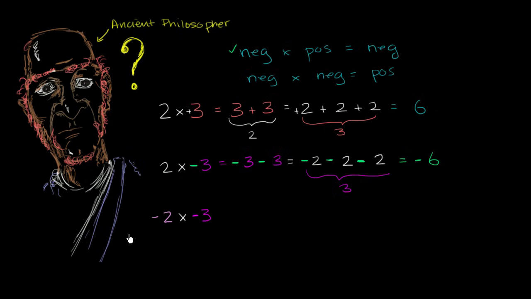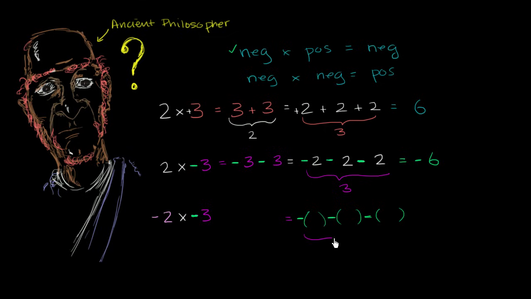So now we can do it a couple ways. And actually, I'll do this one first. We're still multiplying something by negative 3. So we're going to repeatedly subtract that thing 3 times, whatever that thing is. But now that thing isn't a positive 2. That thing that we're going to subtract 3 times is a negative 2. So subtracting something 3 times, that's what this part right over here tells us.